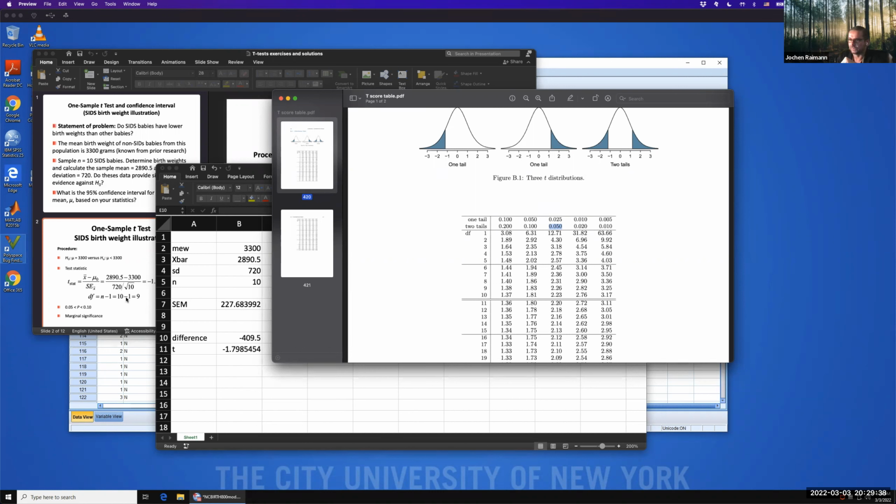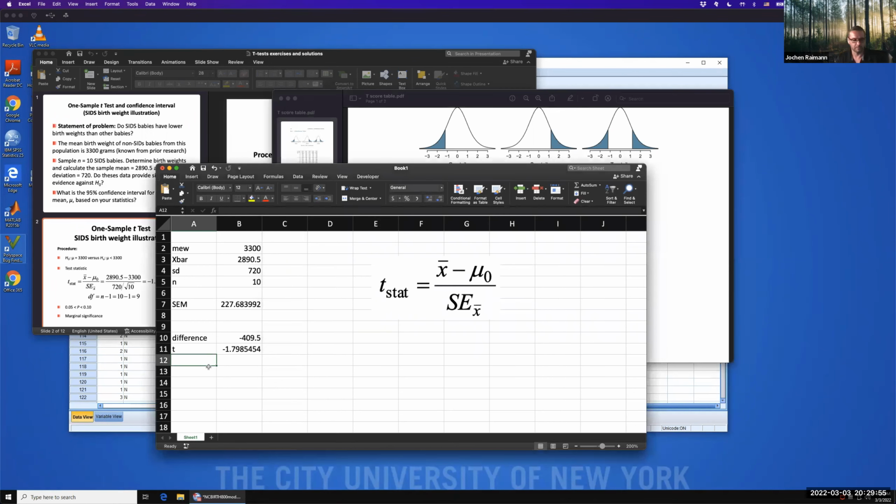Now to determine which t-score will allow you to determine this interval, you need to define your degrees of freedom, which we determined as 9. So the critical value is 2.26. That's the critical t. It's 2.26.